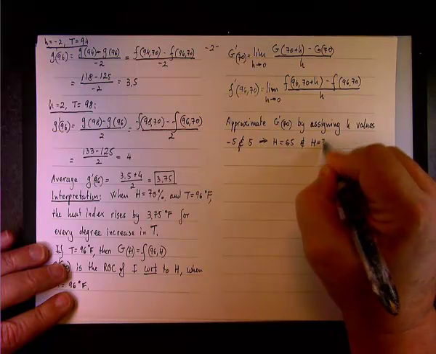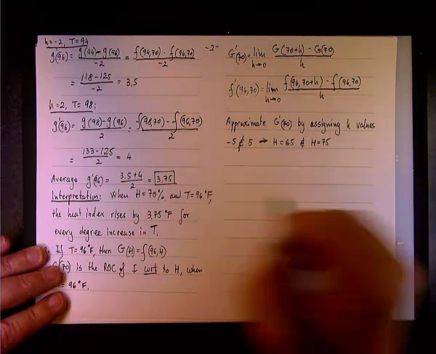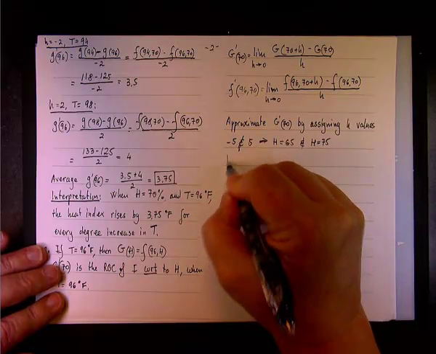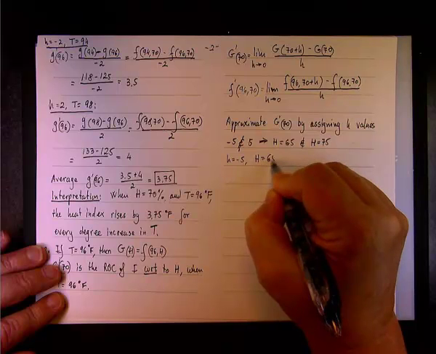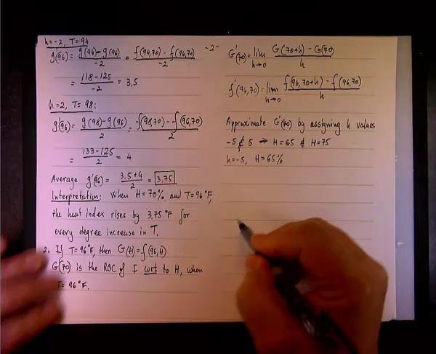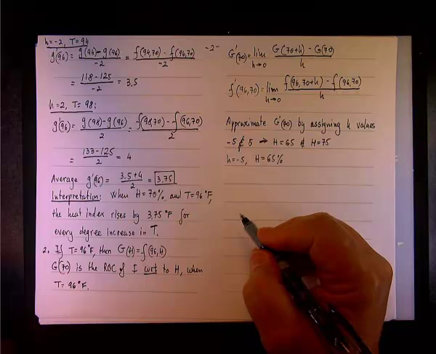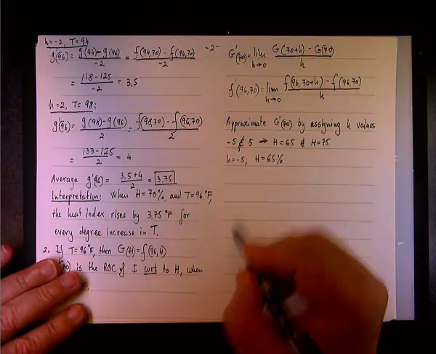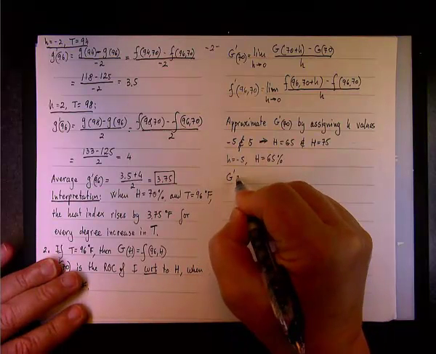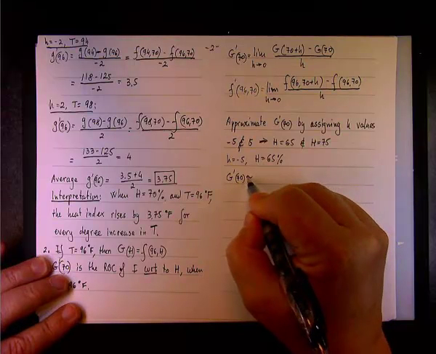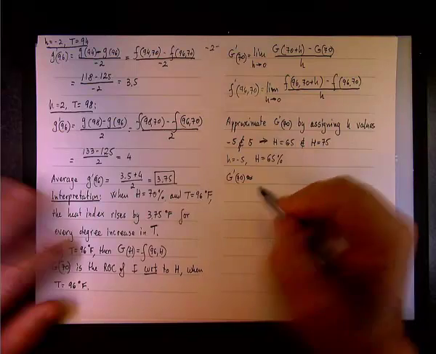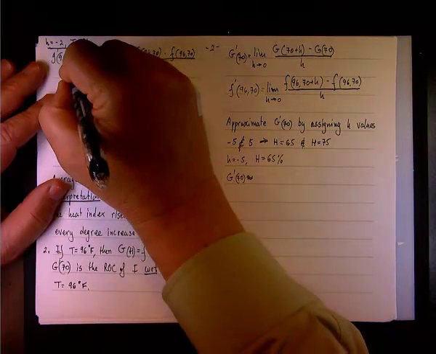In this case the increment in the percent of humidity is 5%, so we can go one below and one above, so -5 and 5, such that H will be 65 and 75%.